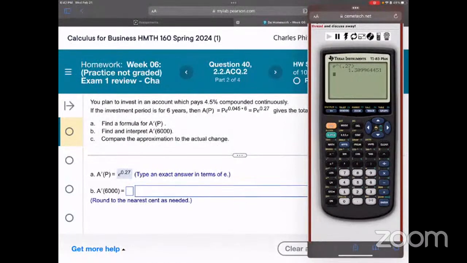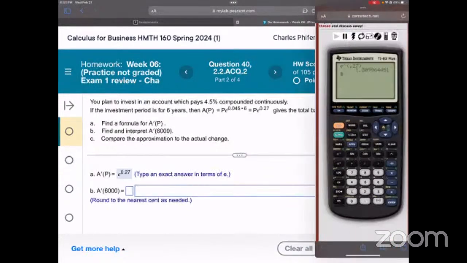Rate of change. Let's see. Total amount in P dollars. The rate of change of the dollars is $1.31.